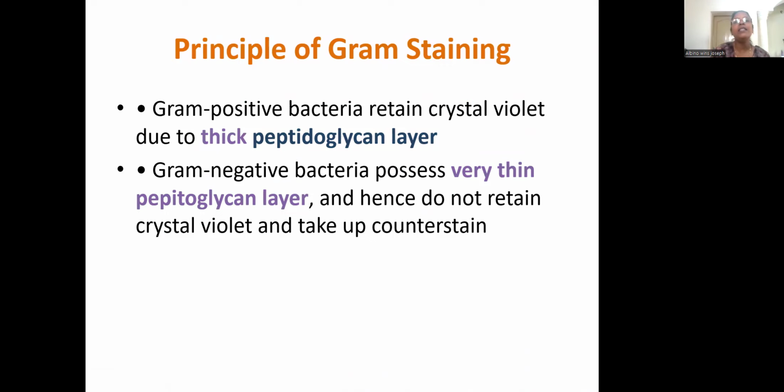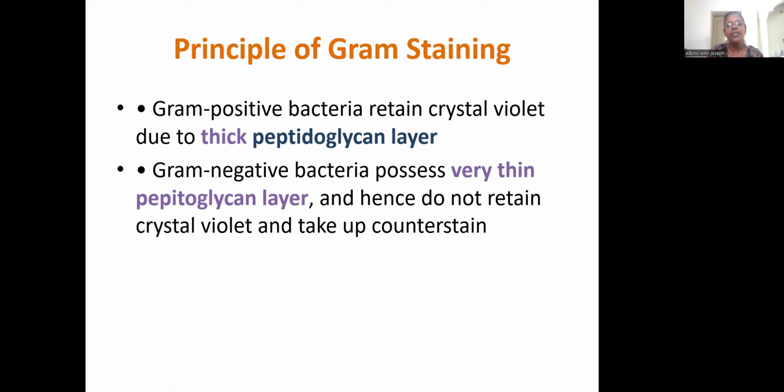Coming to the principle of gram staining, gram-positive bacteria have a thick peptidoglycan layer and very low lipids. But gram-negative bacteria have a thin peptidoglycan layer and a high amount of lipids.